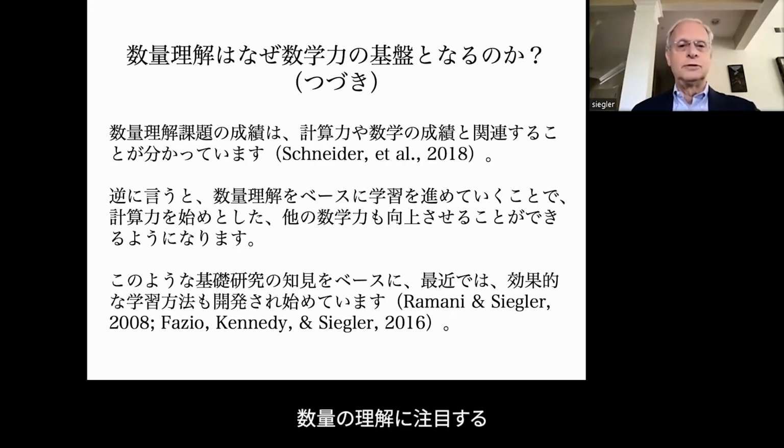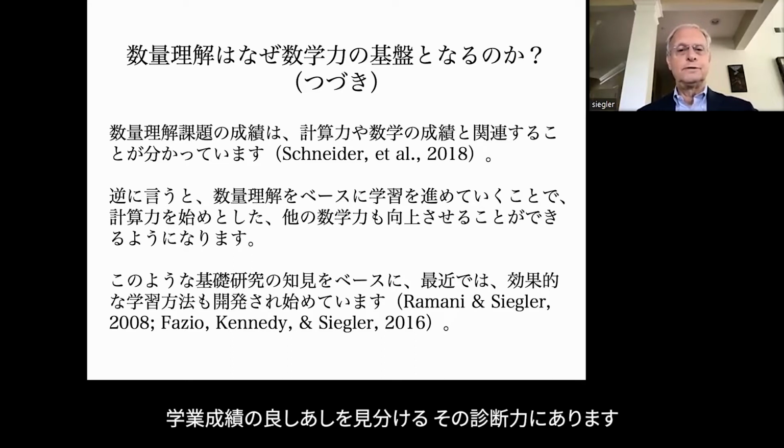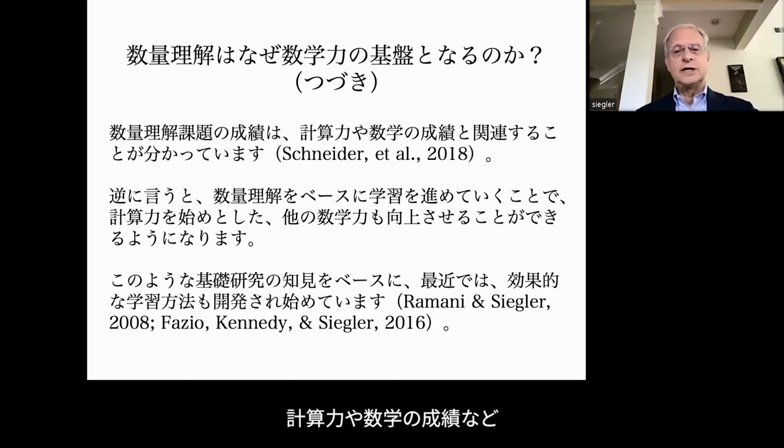A third reason why numerical magnitude knowledge is a useful unifying theme for theories of development is that individual differences in numerical magnitude knowledge correlate substantially with important outcomes, including arithmetic proficiency and overall math achievement.